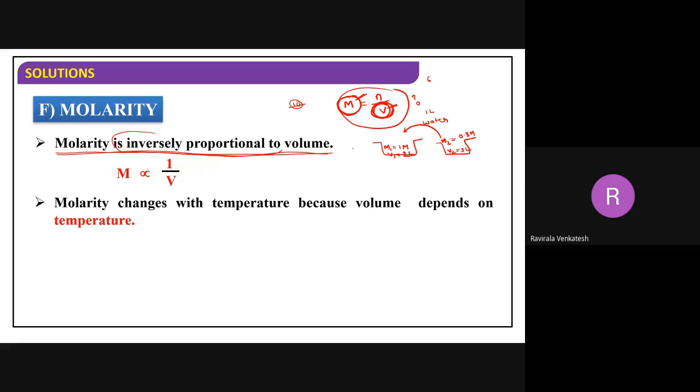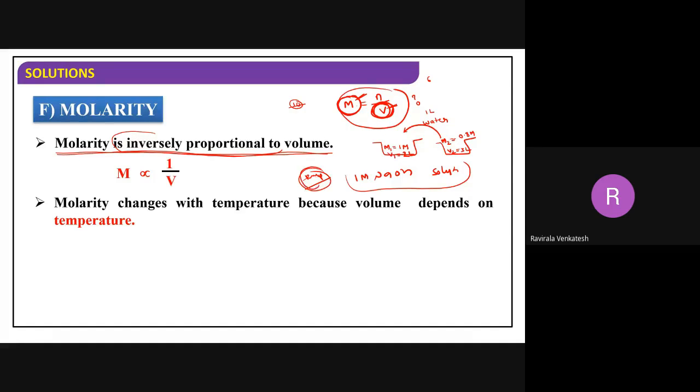So now if I heat, that means if I increase the temperature, the solution will evaporate. Otherwise, no change. For example, I am placing a 1 molar NaOH solution, isn't it? I am placing it outside or inside, because of the external temperature in the environment. I am not heating anything.